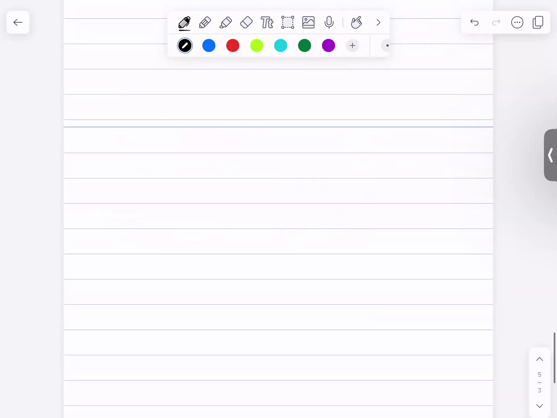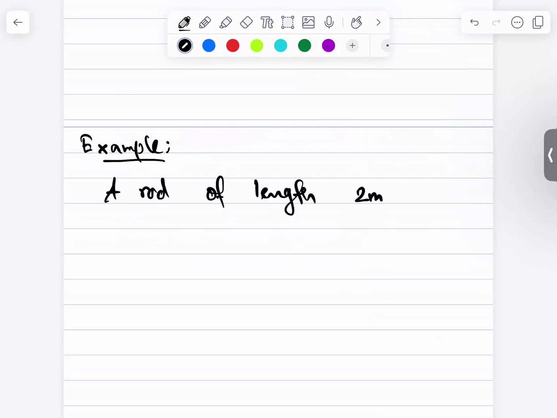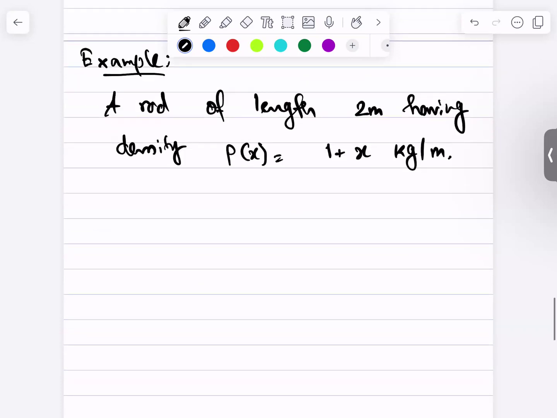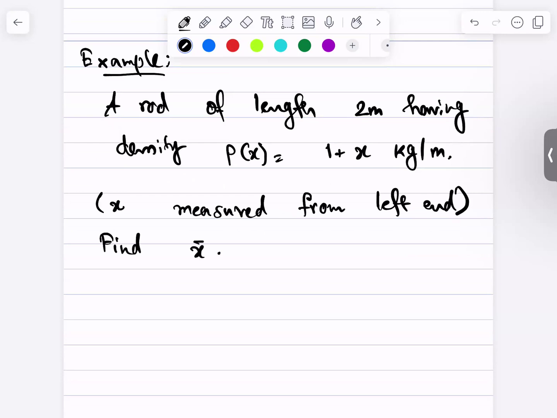Okay, one example. Let's see. You have a rod of length 2 meters, having density rho x to be 1 plus x kg per meter, where x is measured from the left end, and you have to find x bar, the center of mass.